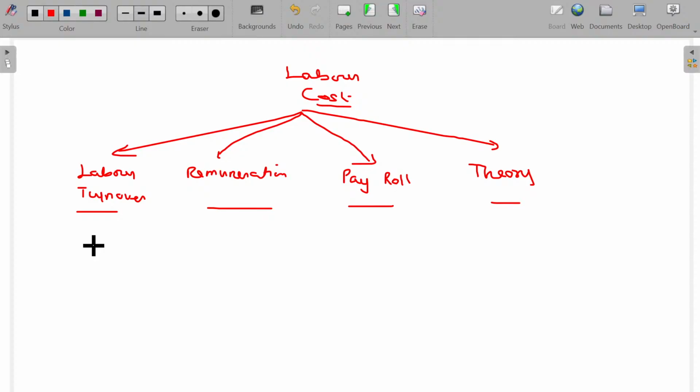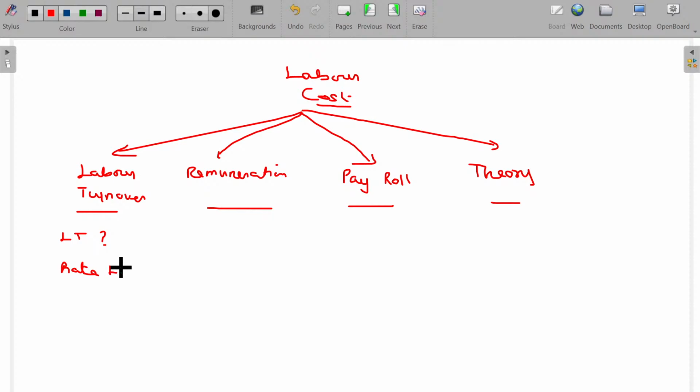Labor turnover is nothing but joining or retaining of the employees in the organization. Joining and retaining. Especially in labor turnover, you have to understand what labor turnover is, and measure the labor turnover rate.